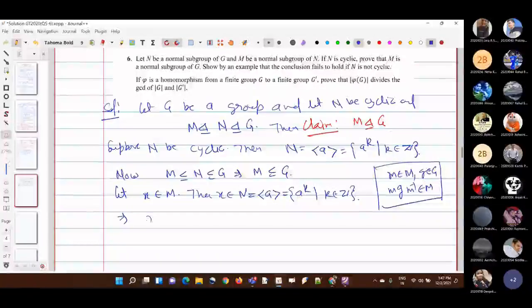So this implies that x equals a to the power t for some integer t.